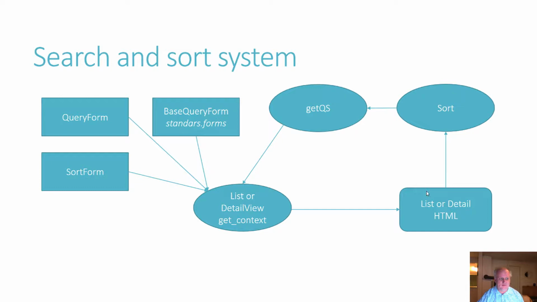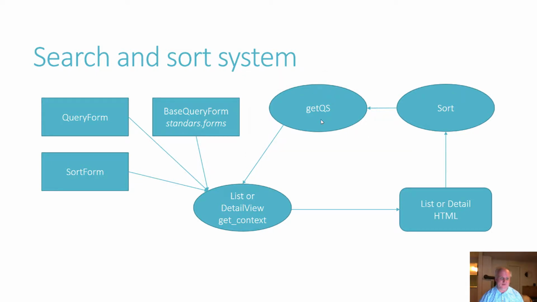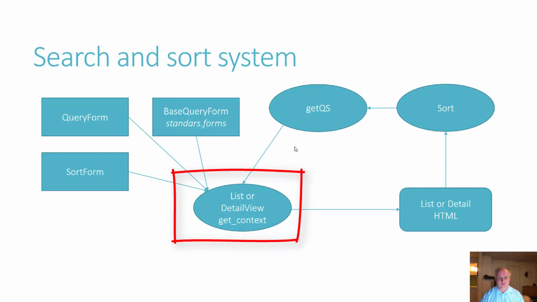We either go directly to the getQS, which is a function that sets up the Django queries and the sort order, etc., or we go over sort if it's a sort request that we are making, and then we go to the getQS, and this whole query is then passed back to the list, and we have refreshed records with whatever it was the user requested.